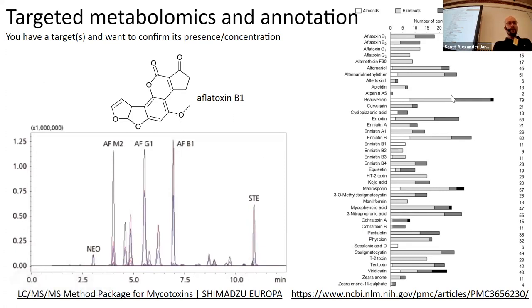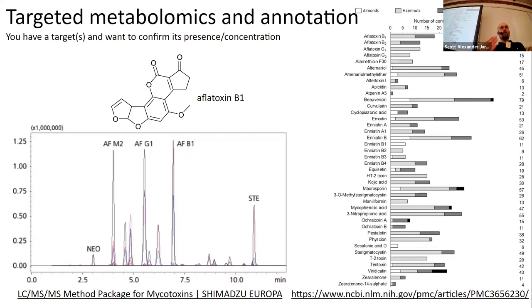And then, for instance, the application is this study here on the right. They screened different food products to see if they could detect the presence of these mycotoxin compounds. This is all done based on MS1 level data, according to reference standards, so retention time matching and accurate mass matching. And this is extremely robust. It works really, really well.